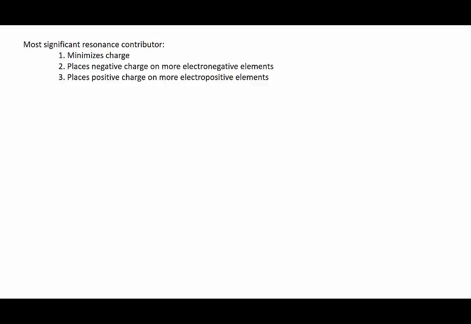But let's go back to the acetate and see how these rules apply. Okay, we have our 2 resonance forms. I'm not going to draw the lone pairs here. I'm starting to get a little bit lazy. And these 2 forms alternate. So now we ask ourselves, can we minimize charge? Which one of these minimizes charge better?